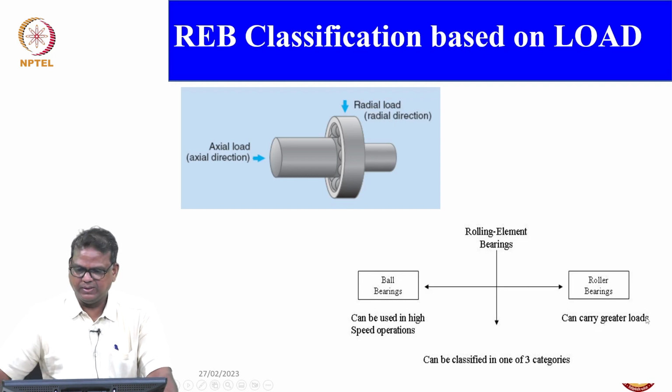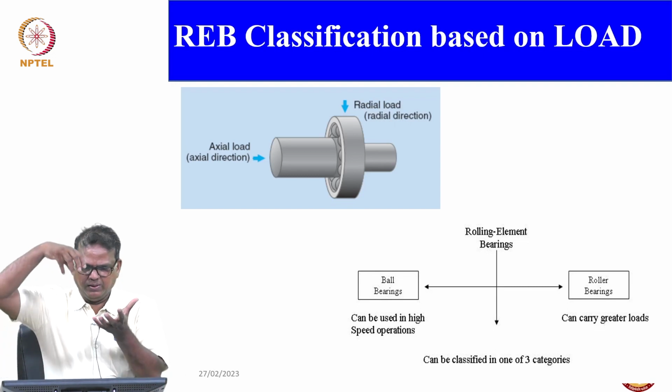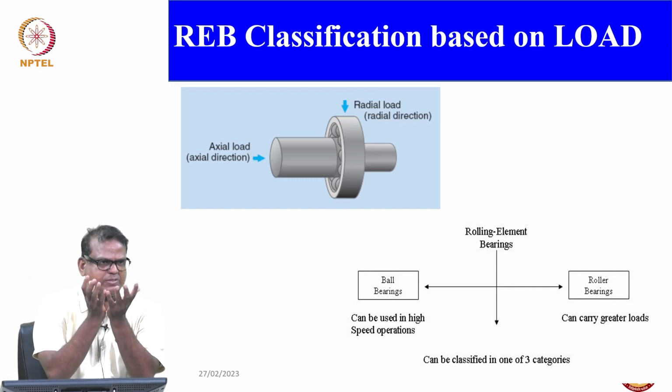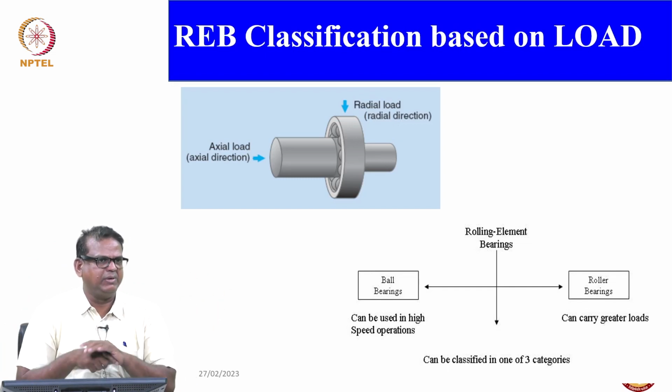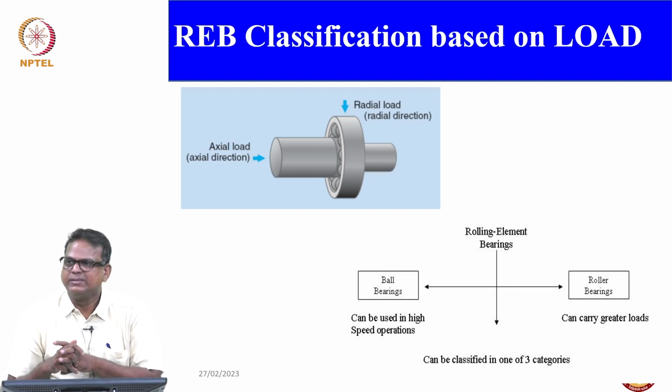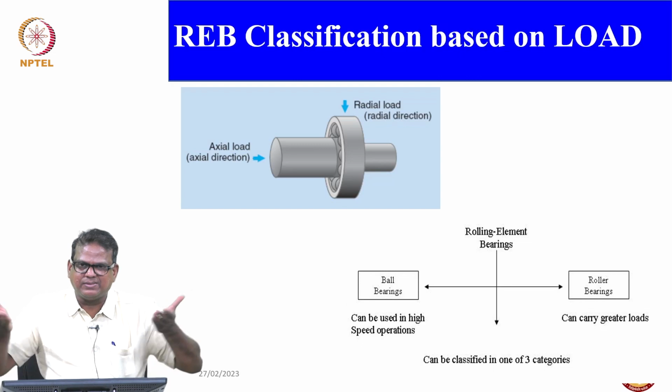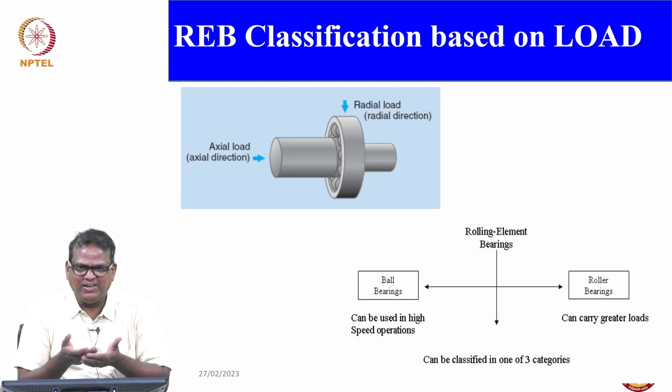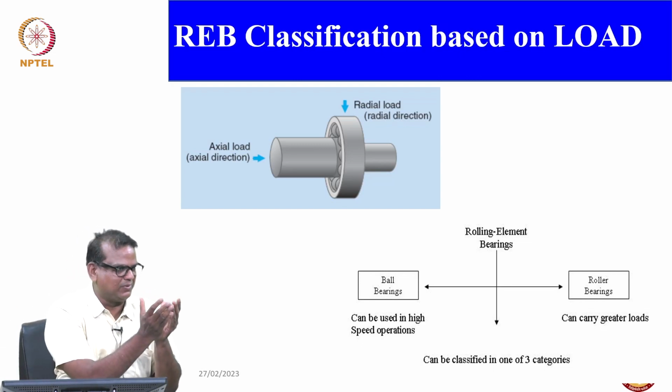Okay. Let me ask a question. Which one will carry more? If you have a sphere and a cylinder, which will carry more load on a flat surface? Cylinder, because a cylinder is a line configuration, whereas the sphere is a point configuration.